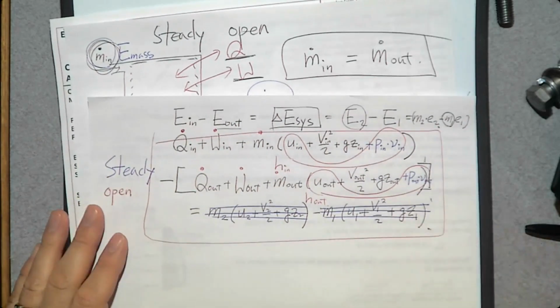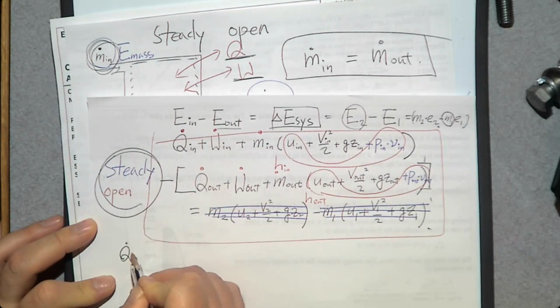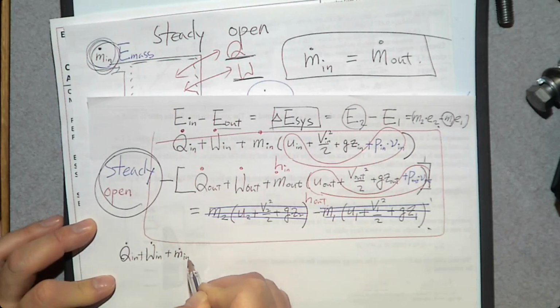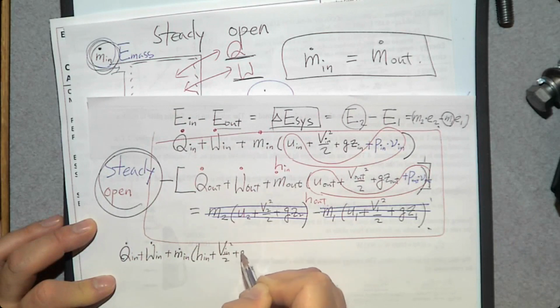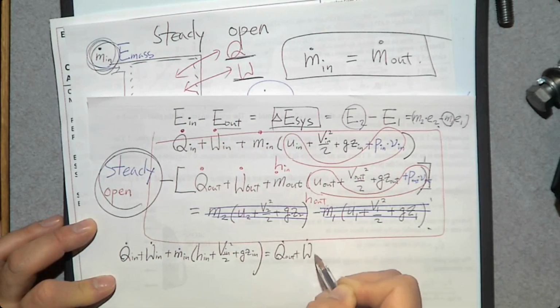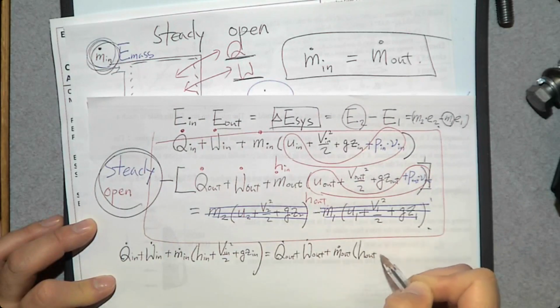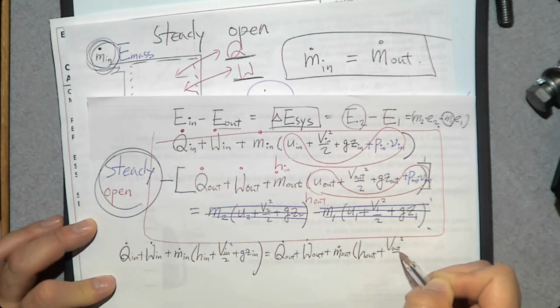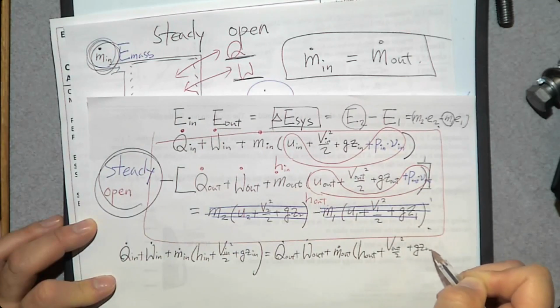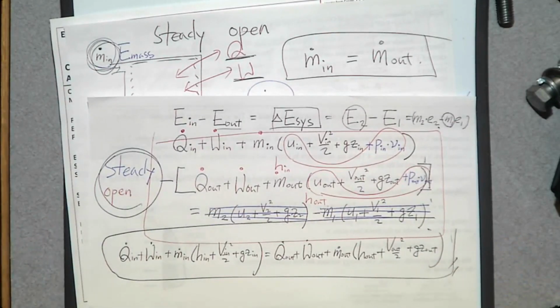Yes, we can. Then the energy balance equation for a steady state open system is: Q dot in plus W dot in plus m dot at the inlet, which has enthalpy, kinetic energy, and potential energy, equals Q dot out plus W dot out plus m dot at the exit, which has enthalpy, kinetic energy, and potential energy. This is the energy balance equation for a steady state open system.